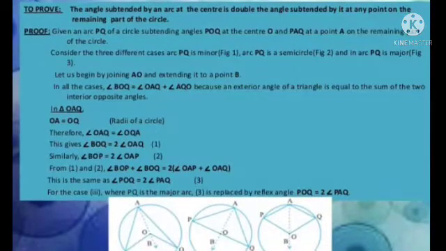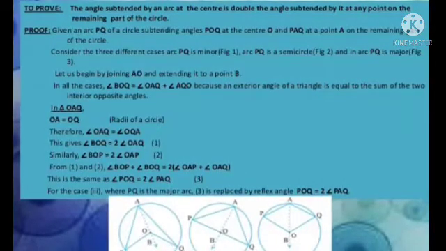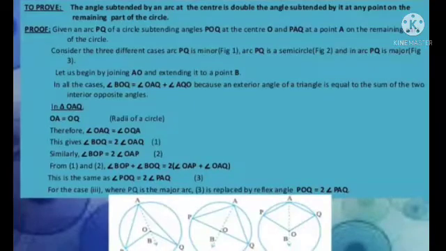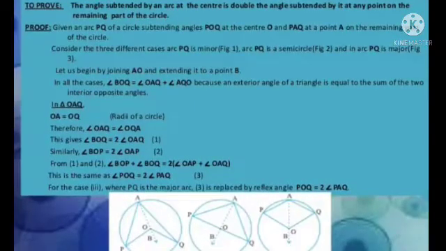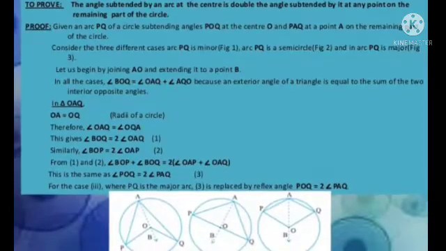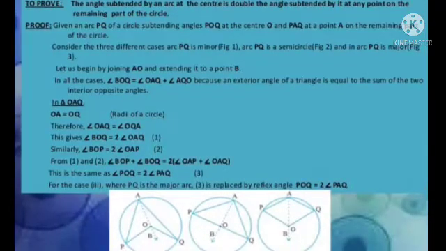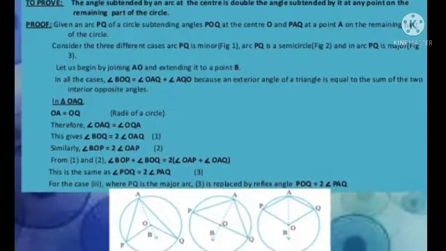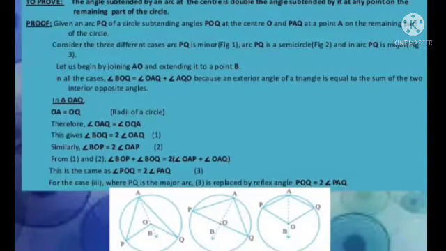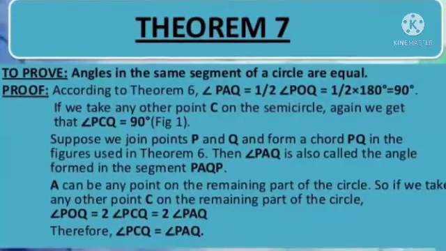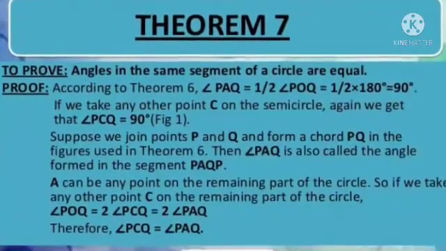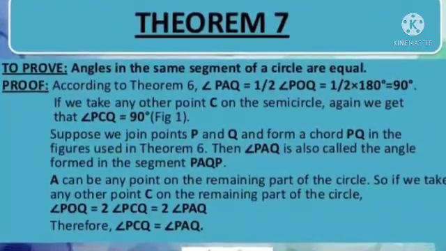This is the same as angle POQ is equal to 2 times angle PAQ. For the case where PQ is the major arc, in 3, it is replaced by reflex angle POQ is equal to 2 times angle PAQ.